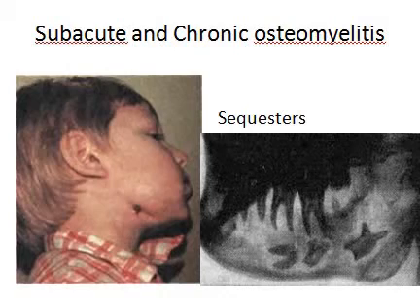Treatment of osteomyelitis. Extraction of the causative tooth in acute odontogenic osteomyelitis is the basic and obligatory type of therapy of this disease.